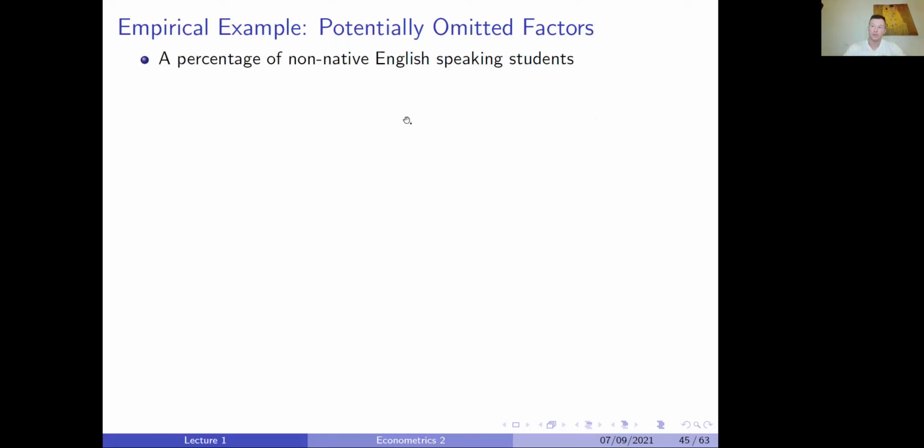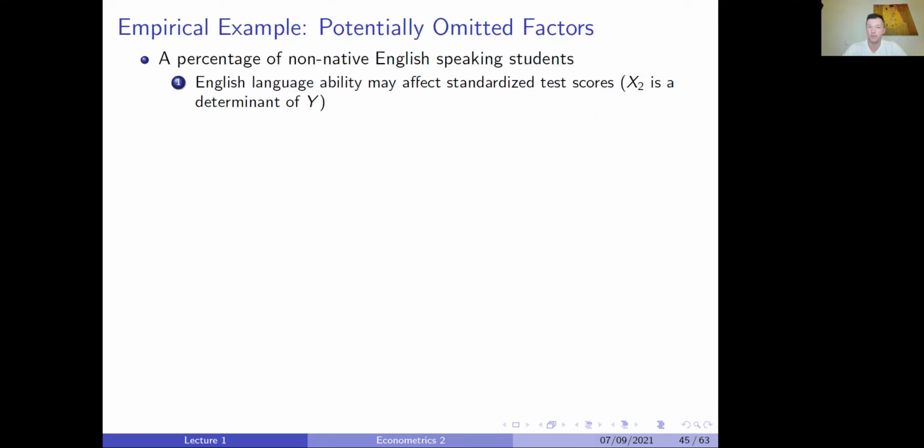So, for our example on the test scores, suppose that there is another variable, which is the percentage of non-native English-speaking students. Why can this variable lead to the omitted variable bias? First of all, English language ability may affect the test scores, and you probably understand this because if English is not your native language, probably you have some difficulties with understanding the material.